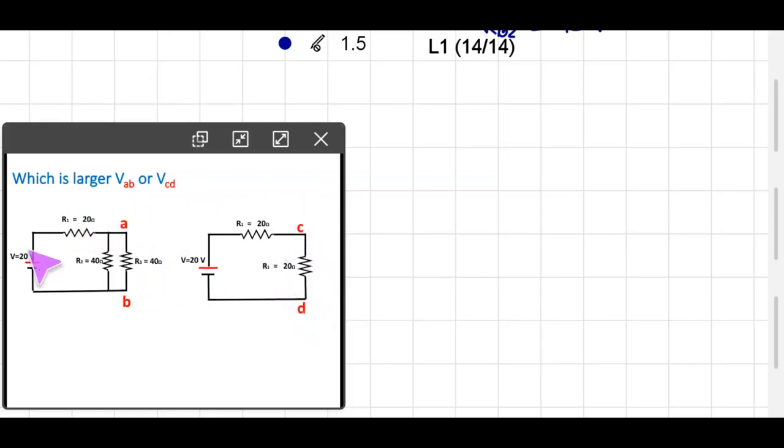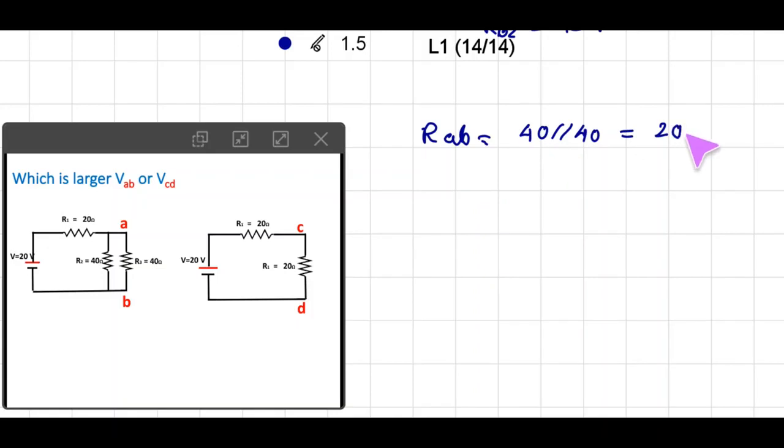So let us consider, this is 20 volt, this is 20 ohm. Though we see that there are two 40 ohm resistances, they are in parallel. In case of a parallel combination, we know that the resistance between A and B is 40 parallel to 40, which is equivalent to 20 ohm resistance.